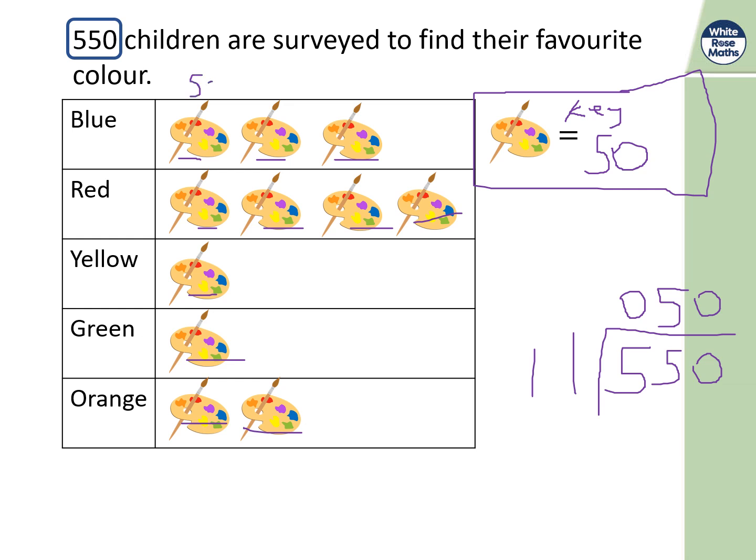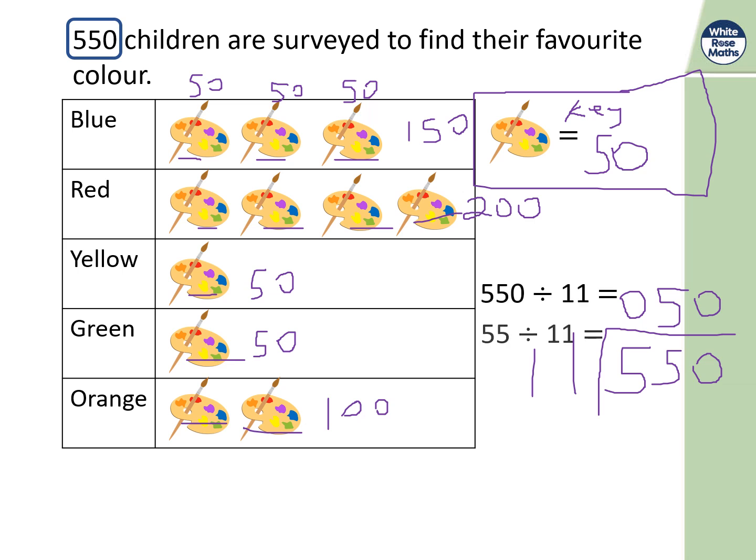So 150 children, well, they are people actually, sorry for being picky, like the colour blue, 50 like yellow, 50 like green, 100 like orange, and 200 like red. But it's important that we have a key to represent this.